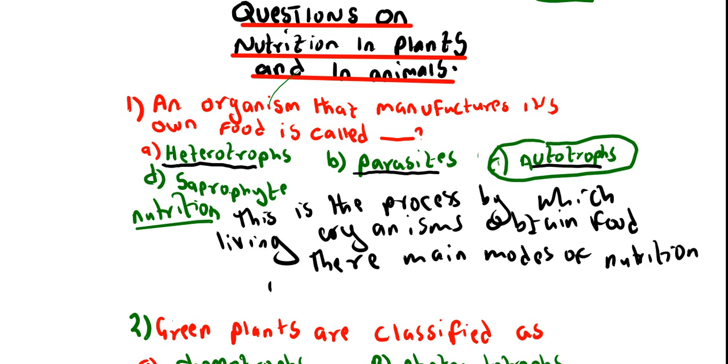One is autotrophic nutrition. Autotrophic nutrition is the type of nutrition where an organism makes its own food, and such organisms are called autotrophs.